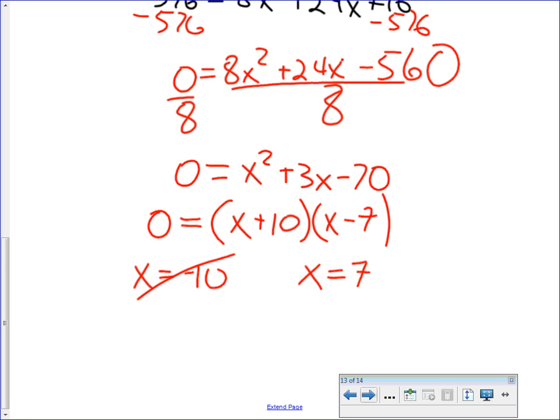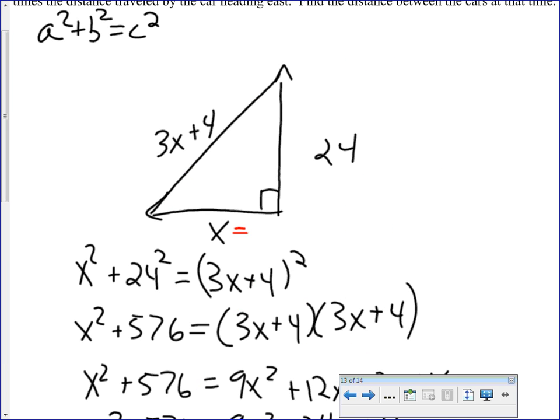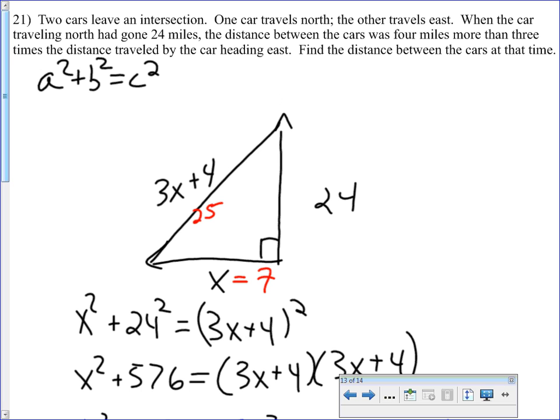Well, you can't go negative in one direction, or at least not in this model. So this has to be 7. So this has to be 25. And sure enough, we have one of our Pythagorean triples, 7, 24, and 25. So the question was, the distance between the cars was 25 miles.